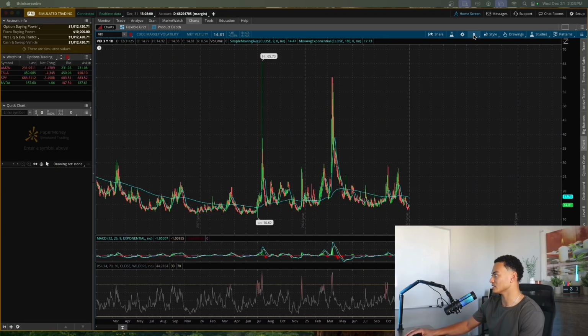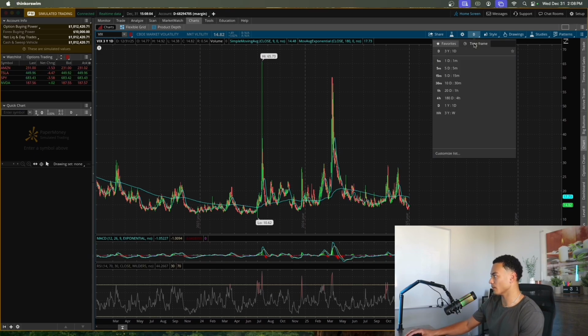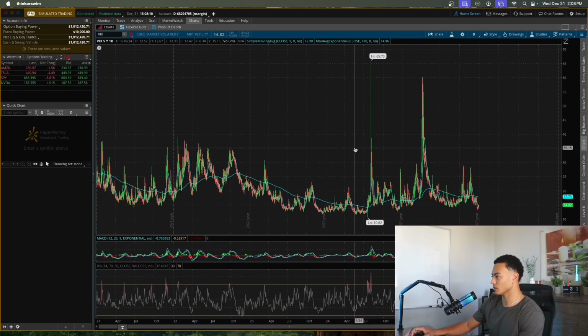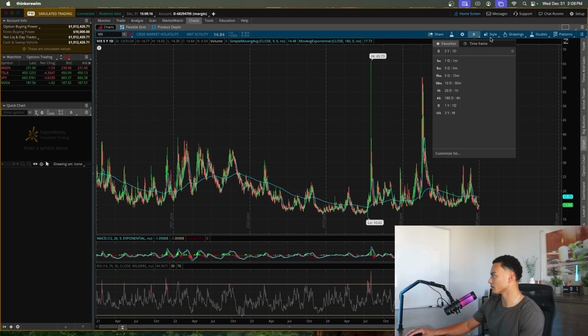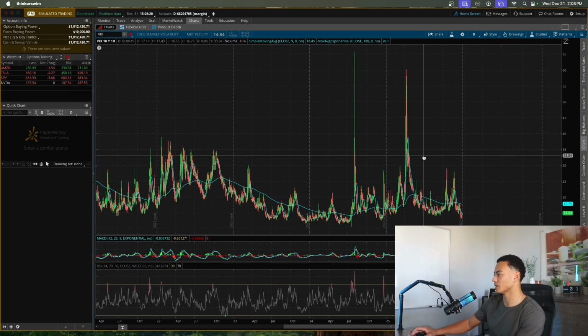Let me go back and see if I can find COVID. So this is a 1 day chart, but I'll go back to 5 years and I'll do 1 day. So let's see if I can find COVID. I might have to go back even more. I'll go back 10 years. Okay.